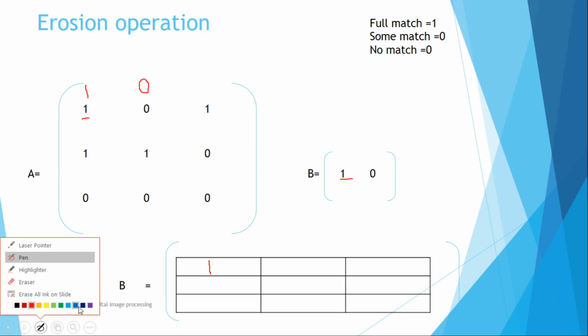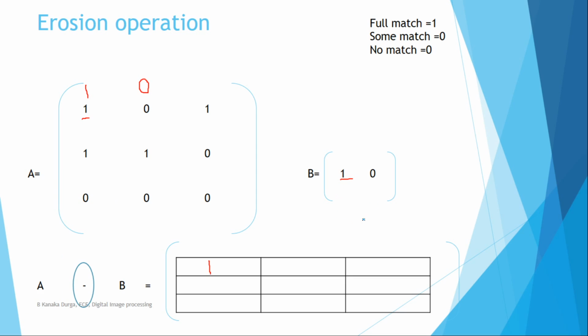For the second case, 1 and 0 are not matching over here. If any one of the values does not match, the resultant value goes to 0. So this is 0.